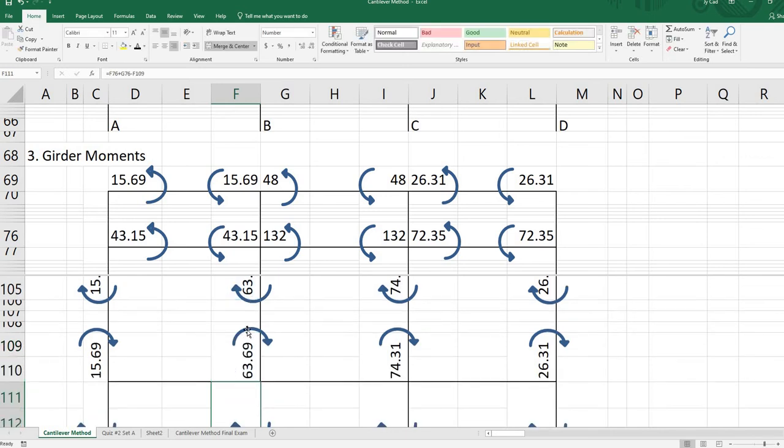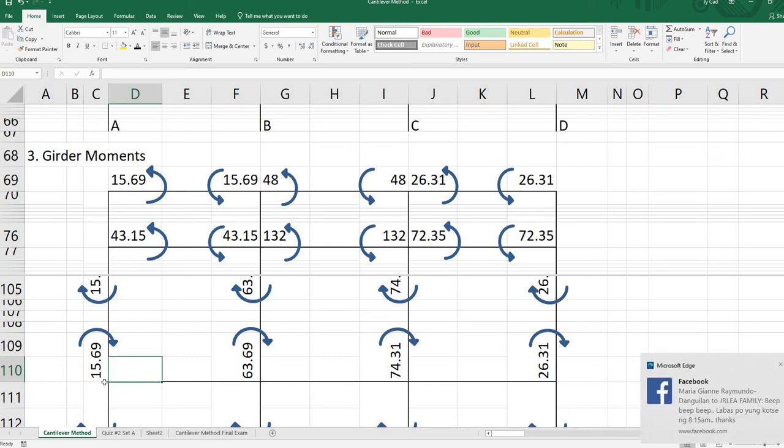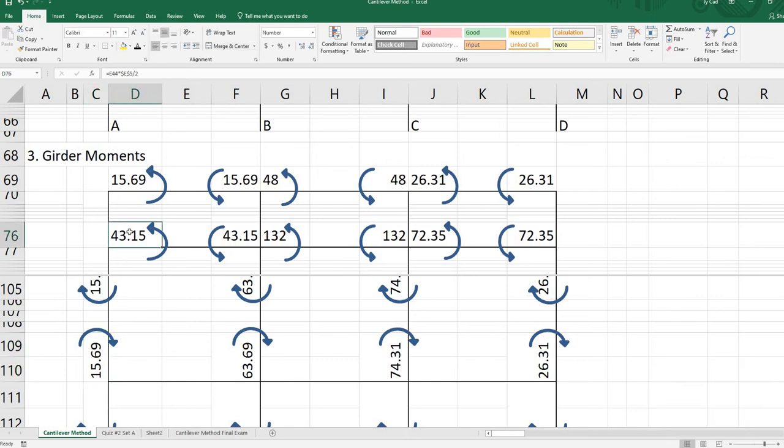Next, remember na merong girder moment dito. Okay? So, ang moments acting at this node is 15.69 tsaka 43.15. Ngayon, ang magka-counteract dyan would be the column moment here. So, let us compute. This is equal to 15.69.